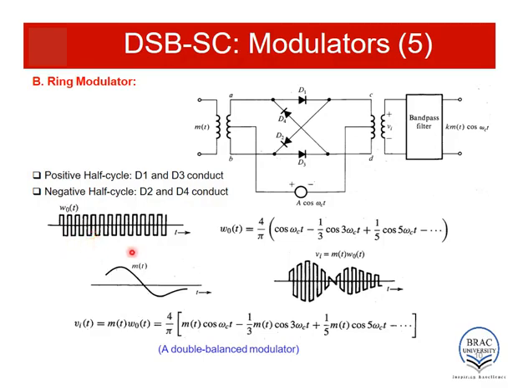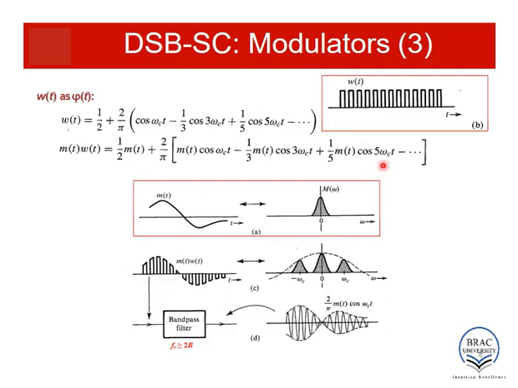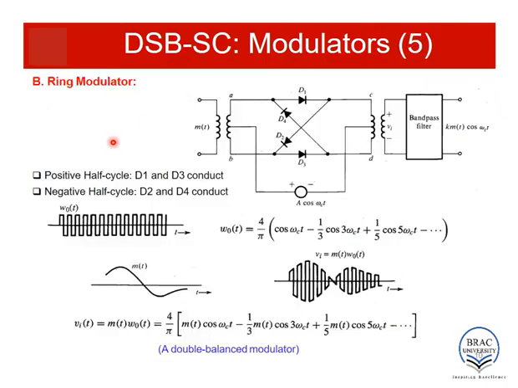There are similarities between these two signals, and the Fourier series is also similar. You can see there are also all the odd multiple components of the fundamental frequency omega c, but there is no DC component. You can remember in the Fourier series expansion of WT there was a DC component, but in the case of the Fourier series expansion of W0T there is no DC component.